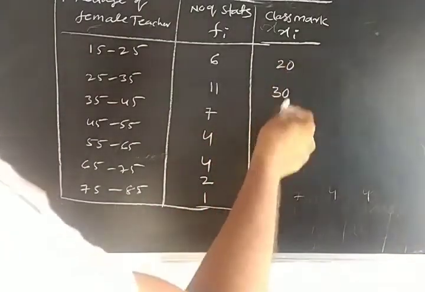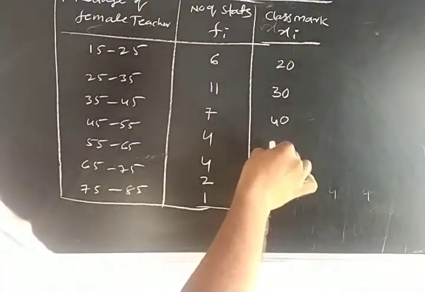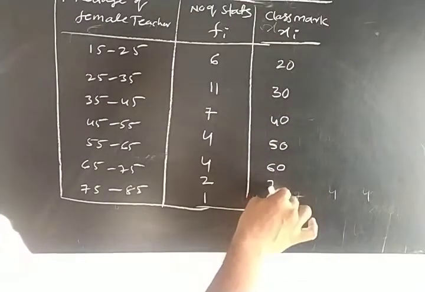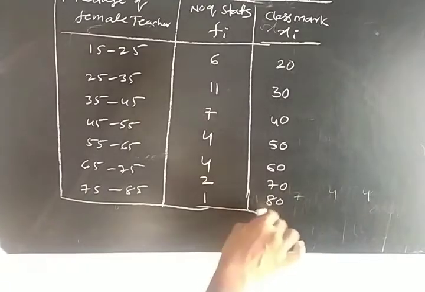What is the difference? 10. So by adding 10, you will get 40, 50, 60, 70, 80. This is xi.